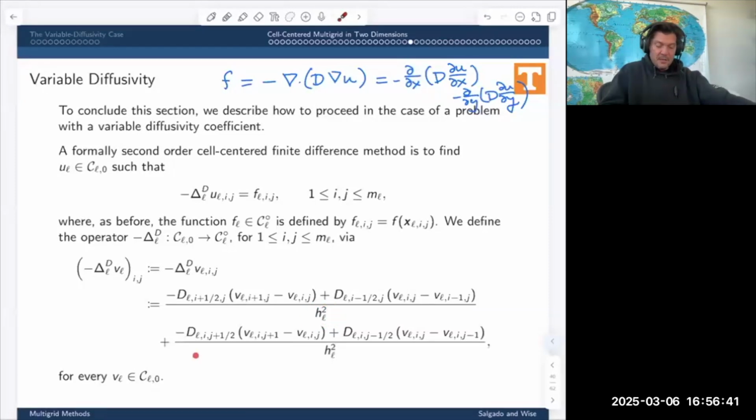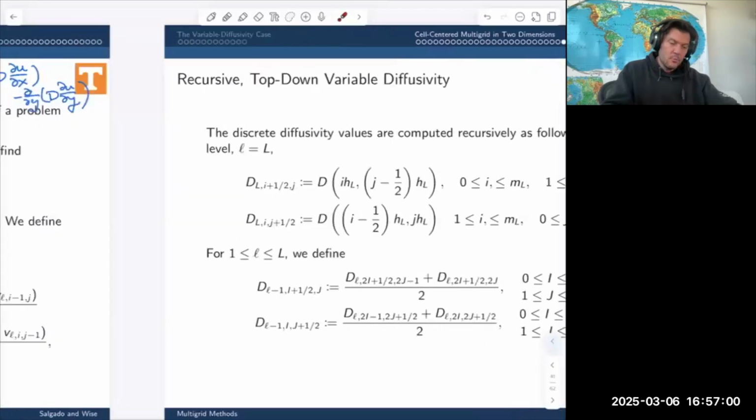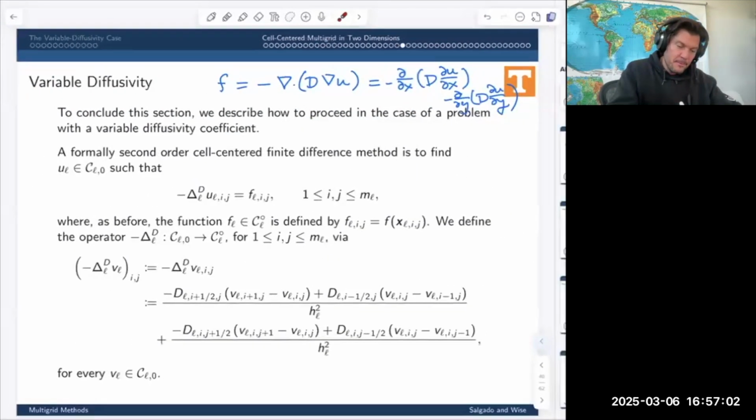And I do the same thing in the y direction. I already explained this in one dimension. It's no different here in multiple dimensions. The only weird thing is that I have to be a little bit careful about where these pieces are defined. So maybe it's worth writing that out, making a picture.